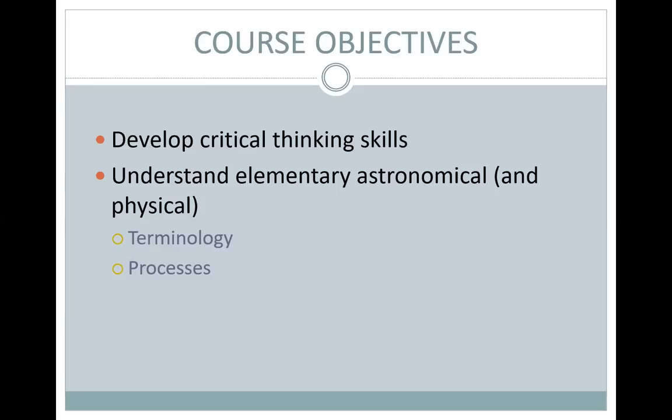Now, first things first, this class is Astronomy 20, but you'll notice that in the parentheses I say and physical. The reason why is that for the first 2 to 3 chapters of our textbook, it's almost indistinguishable between this class of astronomy and physics, accordingly, physics 20.